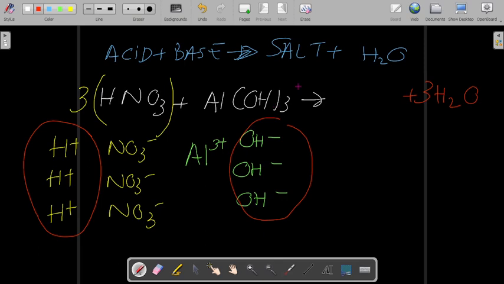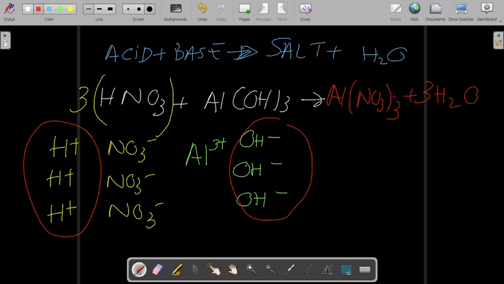So that's done. So what is left here? Well, you have the aluminum that needs 3 negative charges to make him happy. Well, the aluminum is going to be happy with that molecule. Now, remember that if you have more than 1 polyatomic ion, you need to open parentheses and put inside the parentheses how many of them you needed.